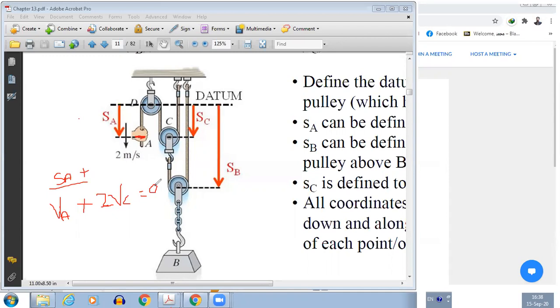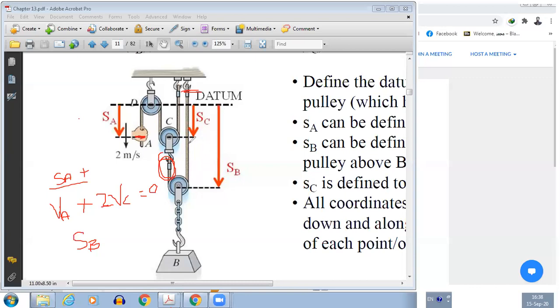Now I need to make another equation. Another equation would be for this rope. Let's start from this end. So it should be SB plus this. Now how do I find this? This we can write as SB minus SC.